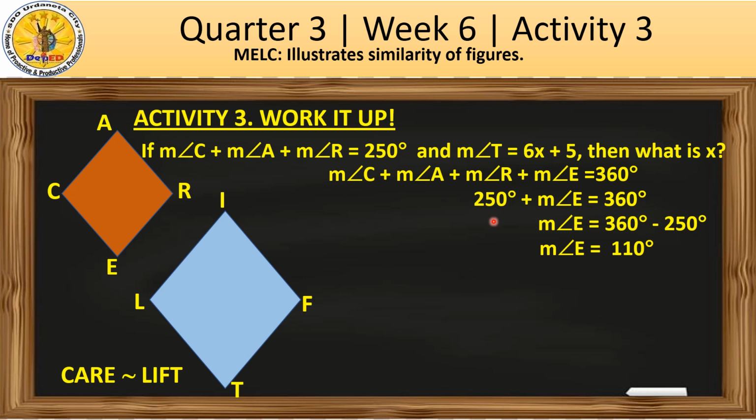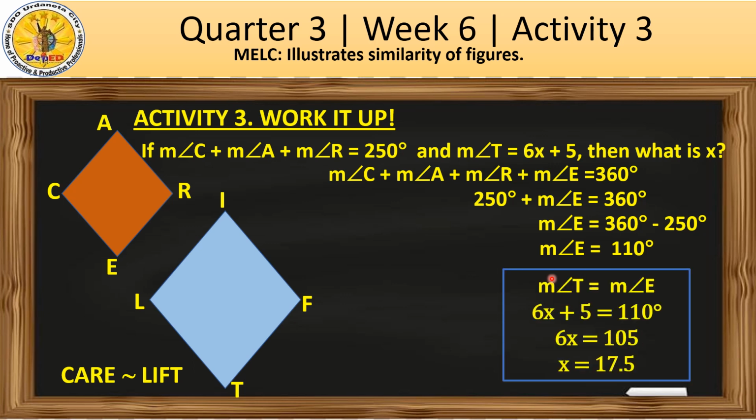Now, to continue solving for x, what I will do is I will equate angle E and angle T because I know that these two angles are congruent because they are the corresponding angles of this pair of similar quadrilaterals.